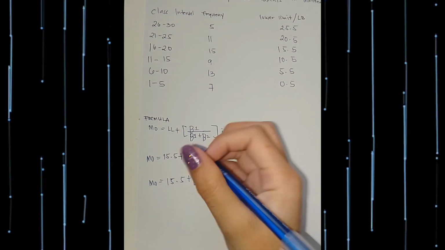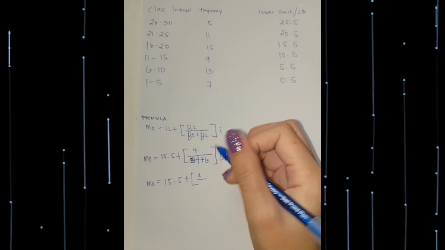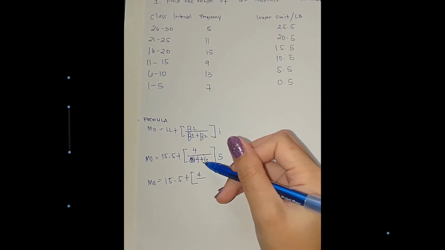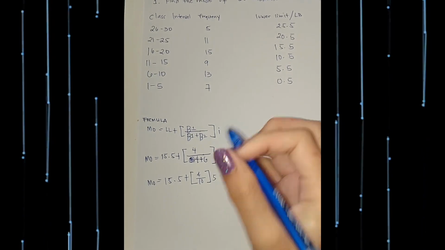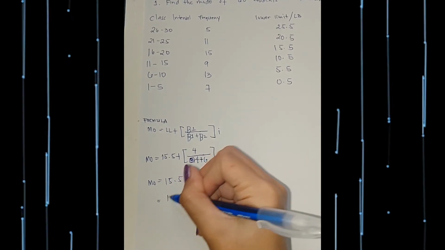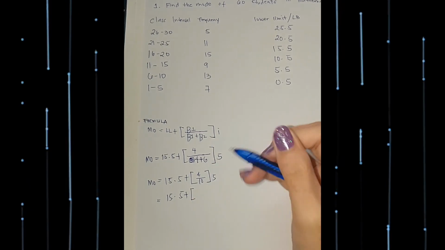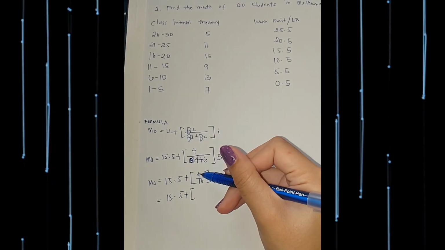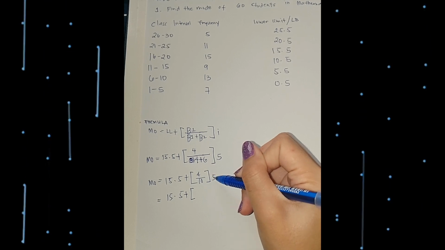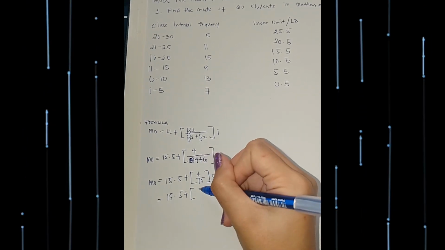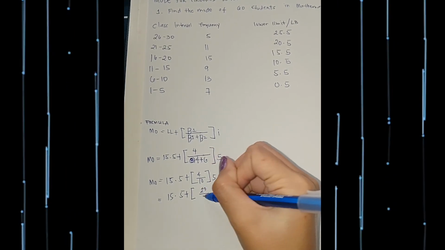So, MO is equal to 15.5 plus 4 over 10 times 5. We just need to first add the denominator, which is 10. For me, I do 4 times 5 first. So, 4 times 5 is 20 over 10.